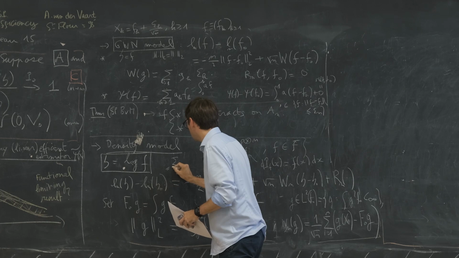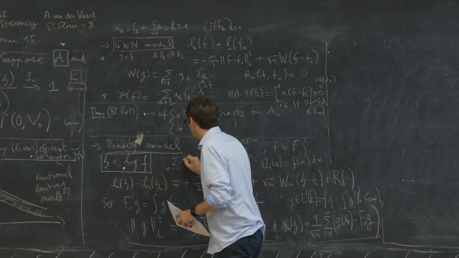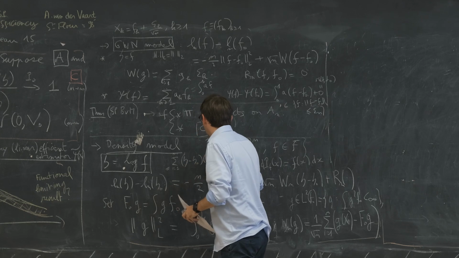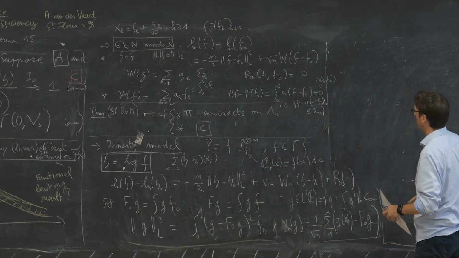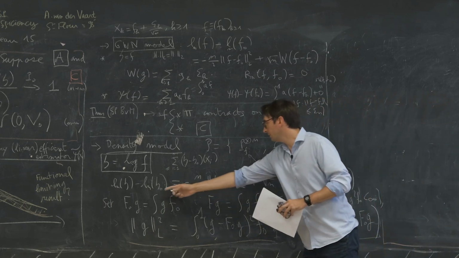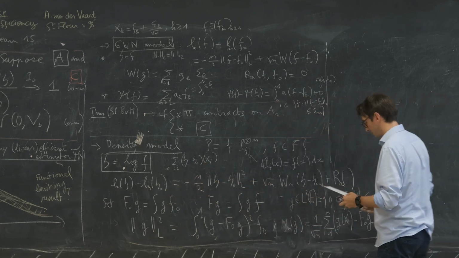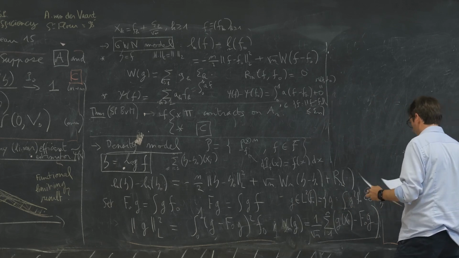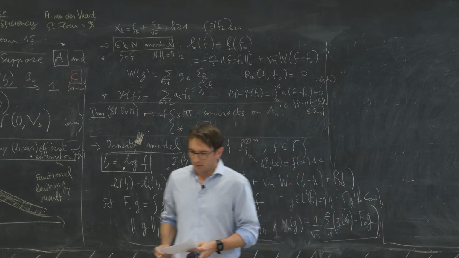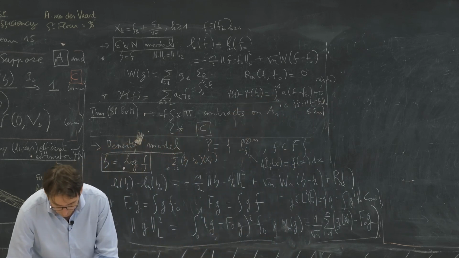Since we have IID data, it is just eta minus eta naught of xi, and you may rewrite it this way with a certain remainder term, which I'll not write, which is just the difference between what's here and what I've introduced. But you can check that this is the right way in which the remainder will be small.